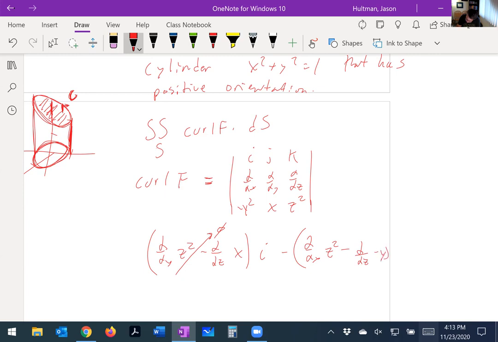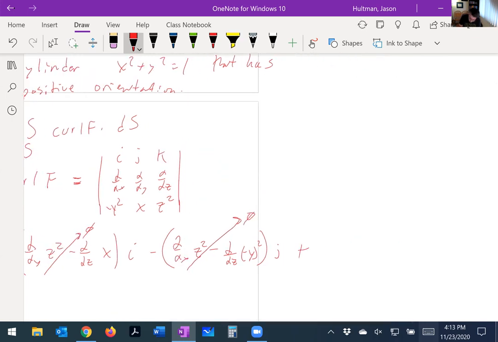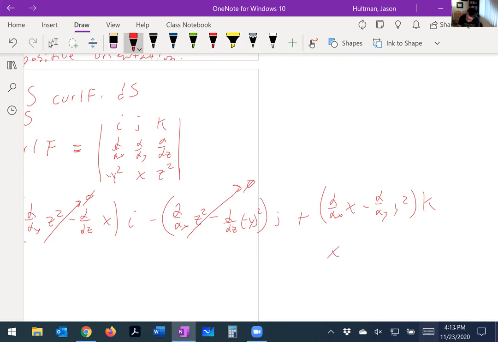Then minus j: d/dx of z squared minus d/dz of negative y squared, that also goes to 0. Plus d/dx of x minus d/dy of negative y squared, k. So this becomes 1 plus 2y k. That's my curl.